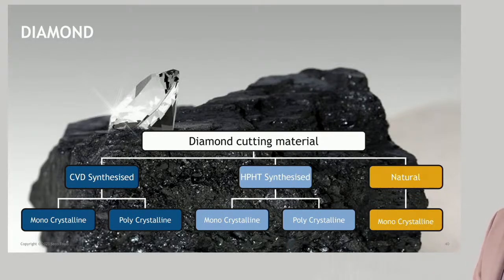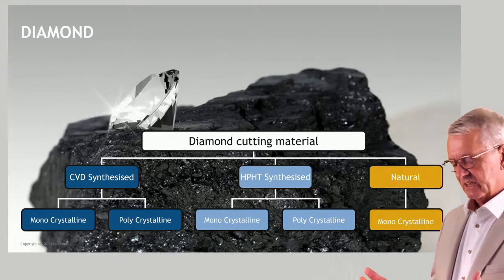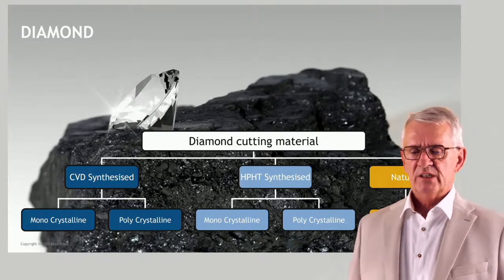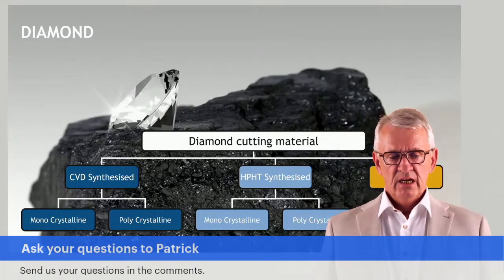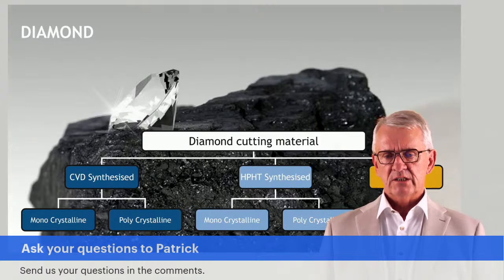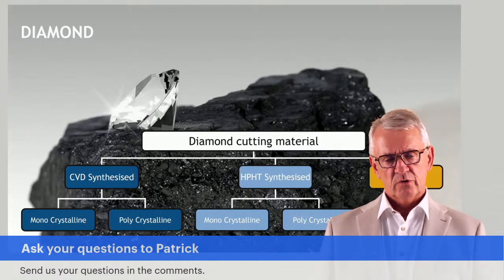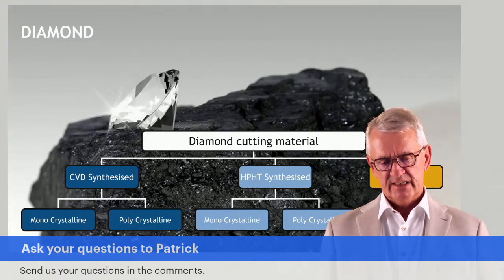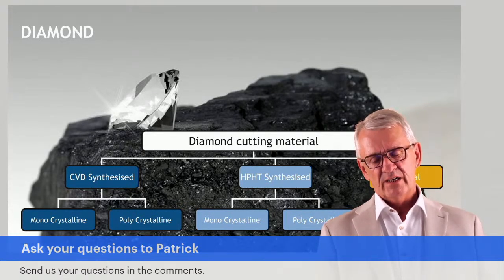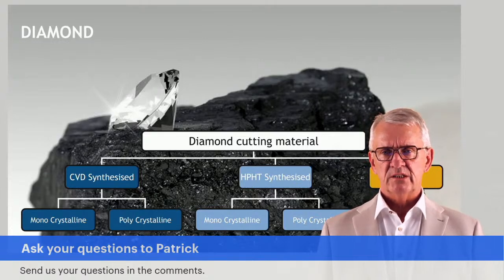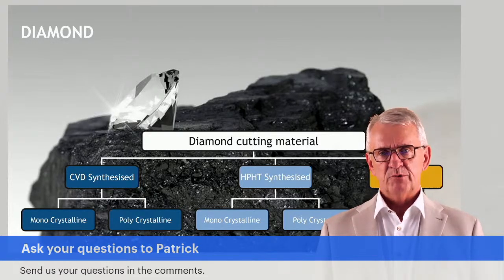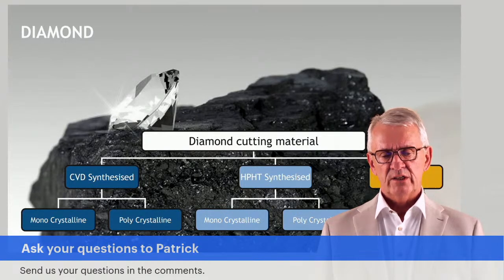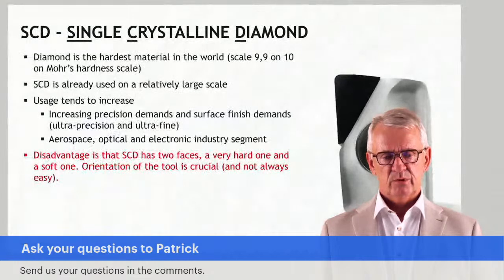Next to that, you have the HPHT synthesized diamond, the traditional, classic industrial diamond, high pressure, high temperature synthesization. And there we find monocrystalline and polycrystalline diamonds. I'm going to come back to it. And then you have the CVD synthesized diamond. But as I said, that is not truly part of today's presentation, as it is a chapter on its own, that group. So I'm going to focus mainly on the part in the middle here, the classic industrial diamond.